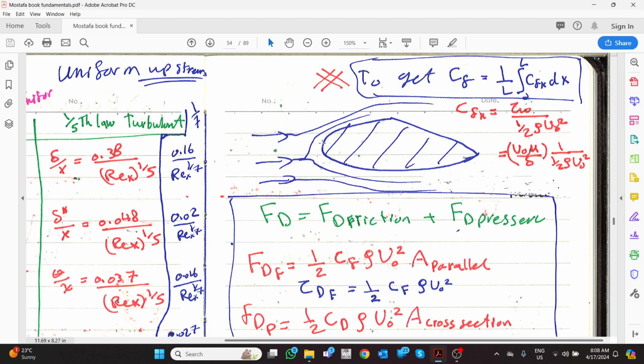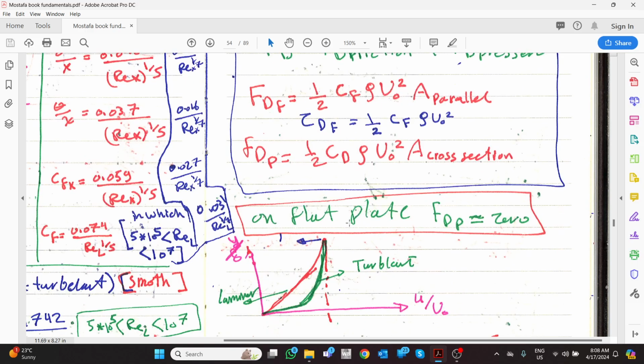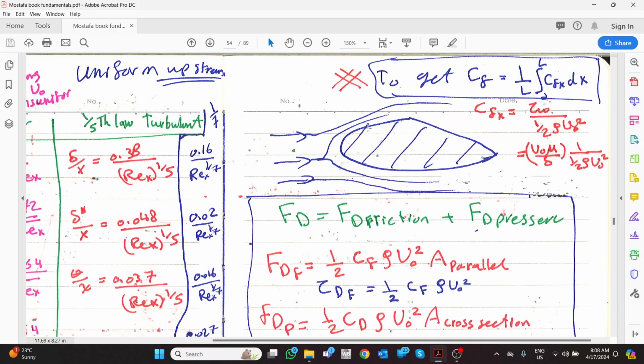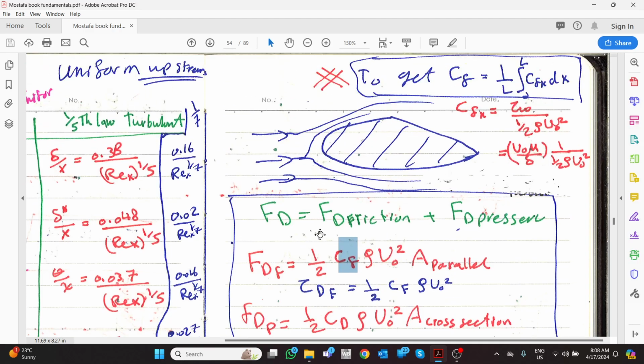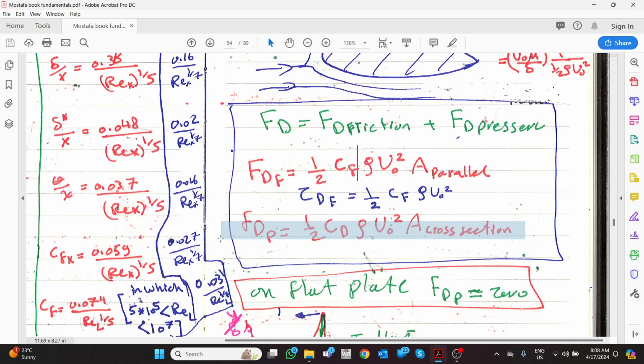So when you are checking the pressure, for example, you have an aerofoil, so the maximum cross section multiplied by the drag coefficient due to the pressure, half rho u square, and due to the friction is the parallel surface multiplied by u square or CF, and this CF we are calculating based on the previous techniques. If you have a very thin plate, you can assume this one is equal to 0.